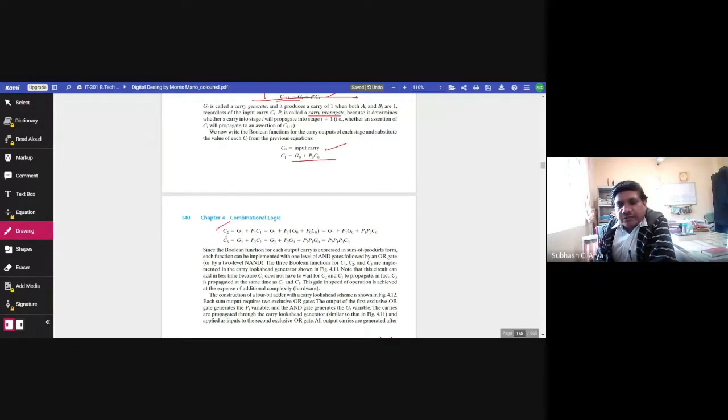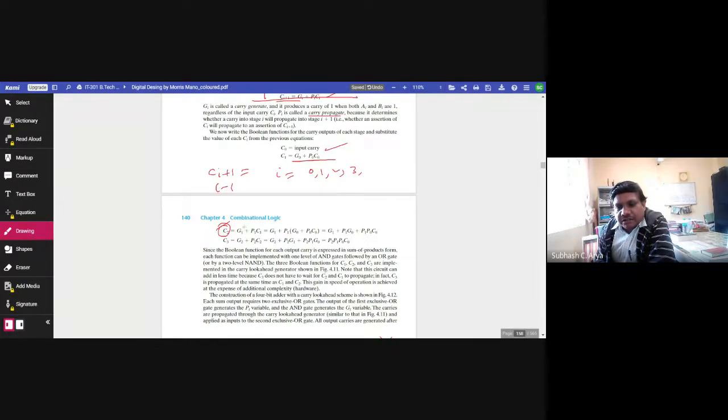And for i equal to 1, Ci plus 1, i plus 1. This is the thing now. You remember? Put i equal to 0, 1, 2, and 3 like that. So you will get this one. So C2, i equal to 1 here. Is it okay? And here, G1 plus P1 C1.